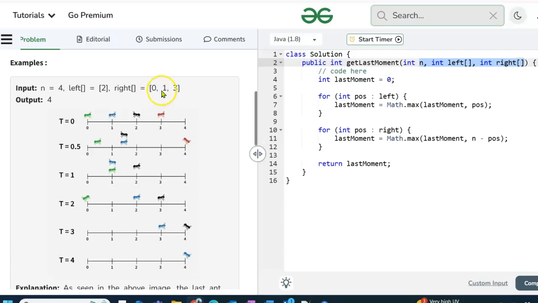Now, ants moving to the right are going to fall off the plank at time n minus whatever their initial position is. Since n is 4, these ants would fall off at 4, 3, and 1, respectively, without any other ants in the way.